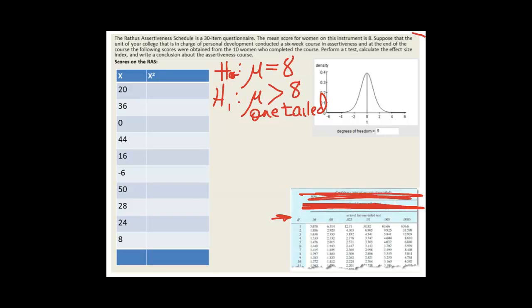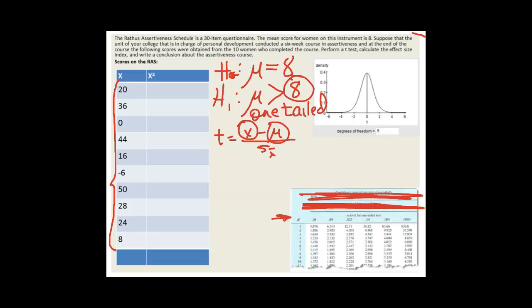To calculate this t-test statistic, we need the value of interest minus the comparison mean, over the standard deviation of sample means. We have the comparison mean, that's 8, and we can find the mean score for this sample pretty easily. All we do is add up the x's and divide by how many there are. If you add them up, you end up with a total of 220.